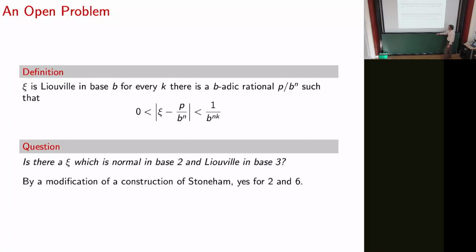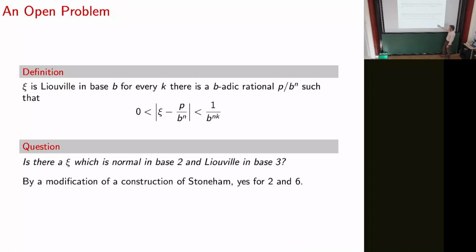Okay, so here's a question for which I don't know the answer. Is there a c which is normal in base 2 and Liouville in base 3? So can you have a number that is very well approximated by triadic rationals, but vis-a-vis normality looks random for dyadic rationals? I don't know the answer to that.